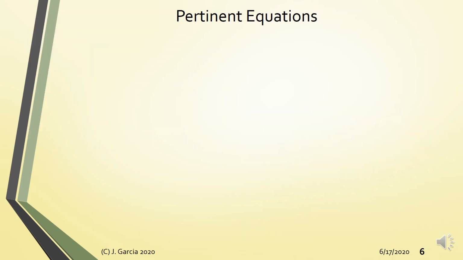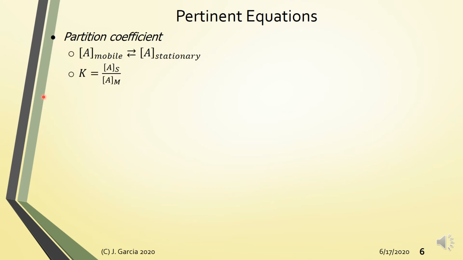Okay, so here are some of the pertinent equations used to describe certain chromatographic parameters, or even the conditions of a given chromatogram or chromatographic process. So first you have your partition coefficient. The partition coefficient is an equilibrium constant.